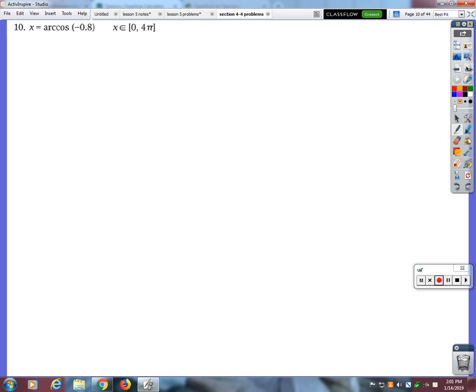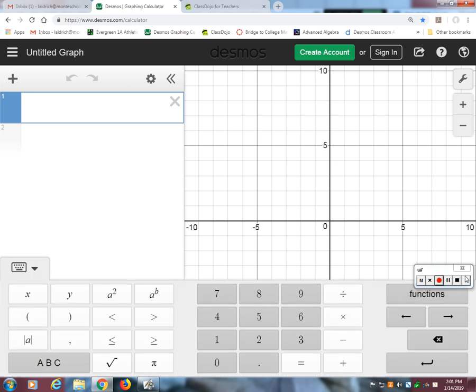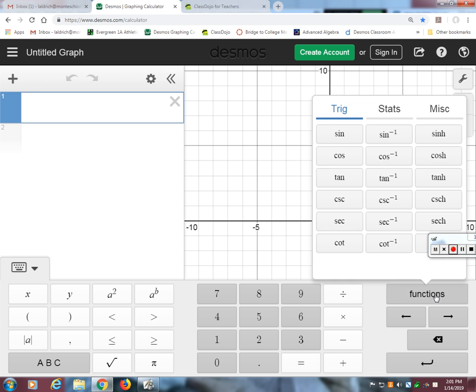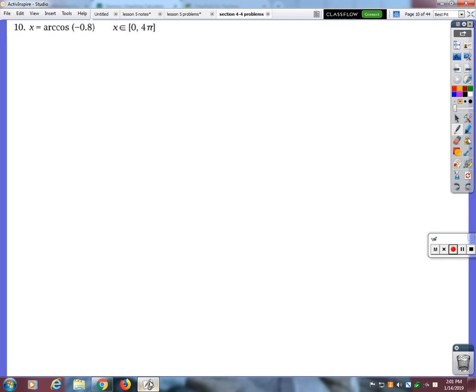So when you put your calculator in radians and take the inverse cosine of negative 0.8, you get 2.498. And if you look at your notes, you have to add plus 2 pi n.